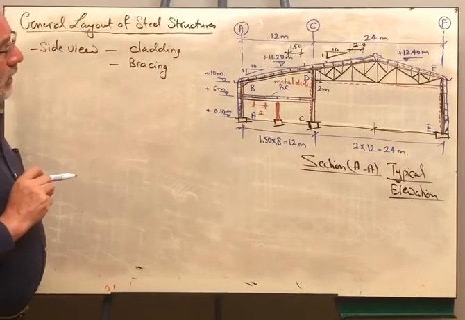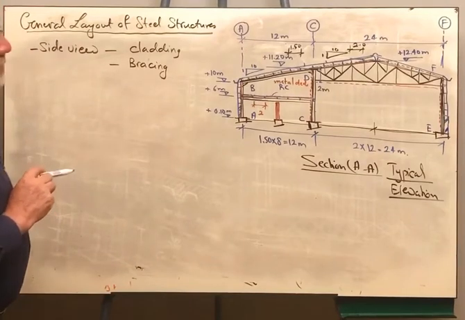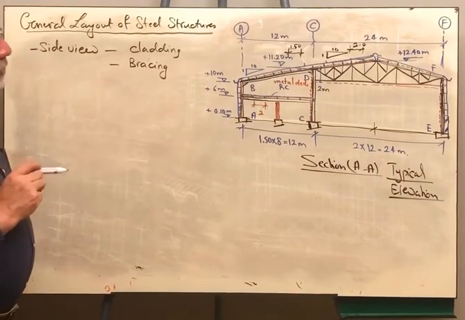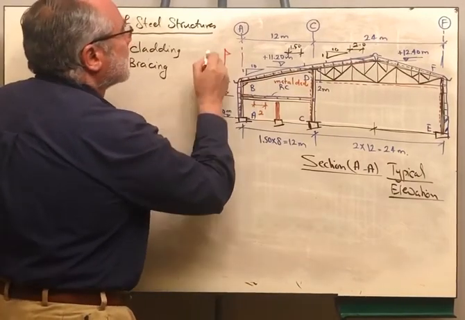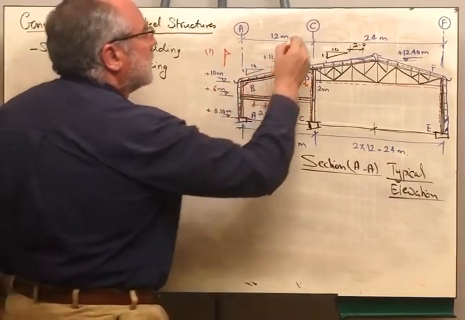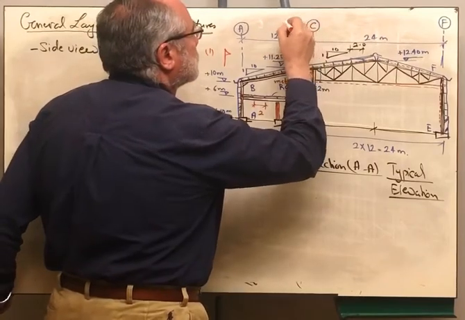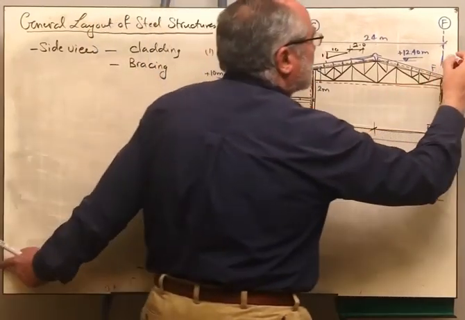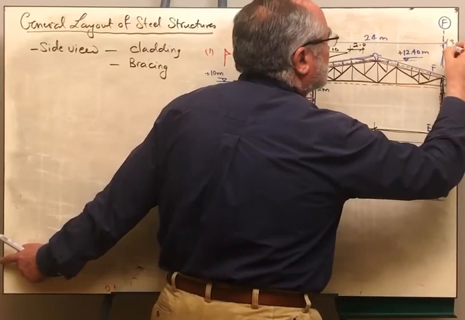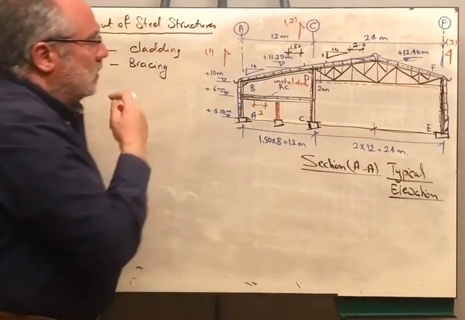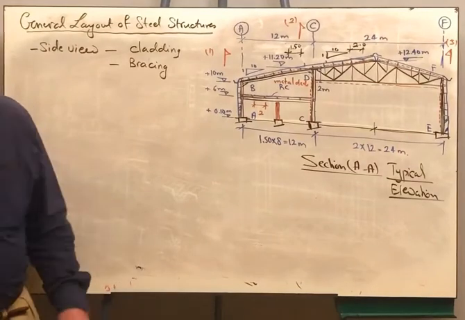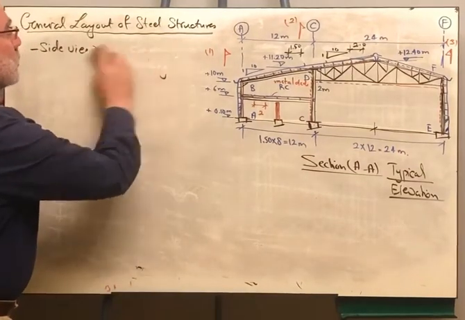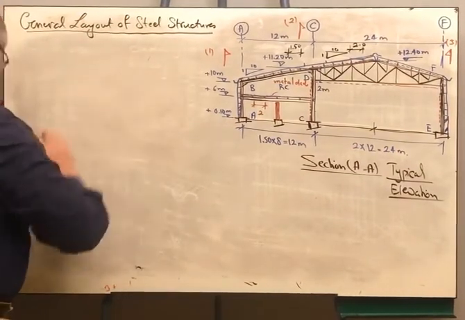Okay, now our lecture is to draw the side view. We need to draw the side view: this section, section 1, and this section, section 2, and this section, section 3. When we start drawing the side view, we don't look like architects.